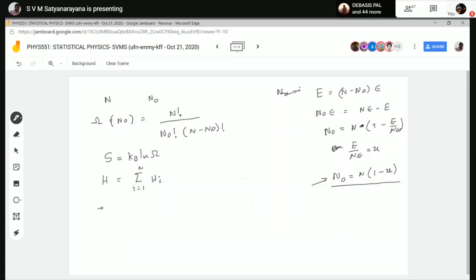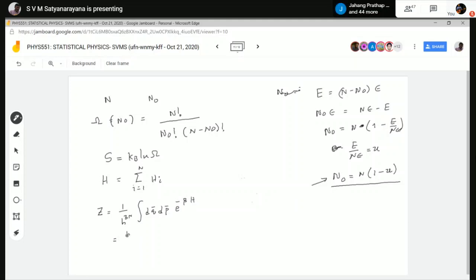Now let's say we have the partition function. I'm just using one of the classical expressions that we were familiar with, the integral of dq dp into e to the minus beta h.